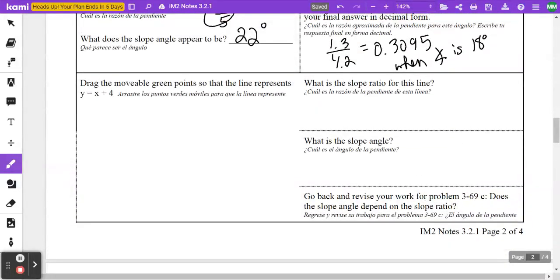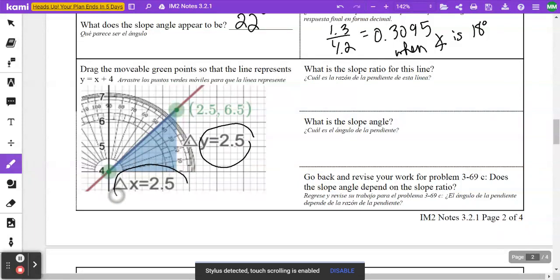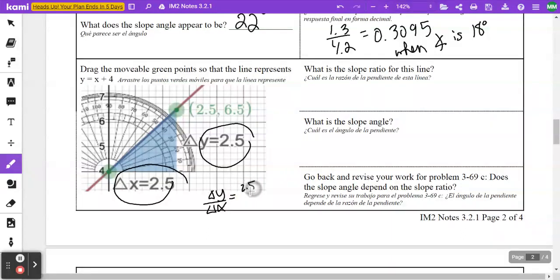Okay, next. This is a problem based on an internet version where we had Desmos activities, and that's why it says drag the movable green points so that the line represents y equals x plus 4. That's been done for us. This line does represent x plus 4, right? Let me take a look at this. If rise is 2.5 and run is 2.5, then change in y over change in x equals 2.5 over 2.5 equals 1.